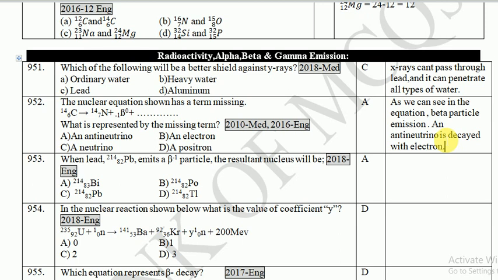If it were a positron, then a neutrino would be released. So option A is correct. And if this were +1, then option C would be correct.